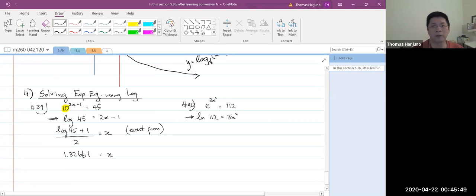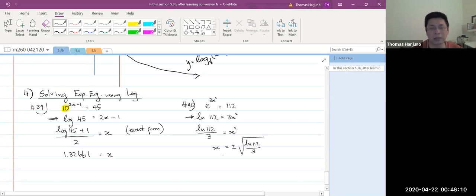Then I divide by 3, so natural log of 112 over 3 equals x squared. So x equals plus or minus the square root of natural log of 112 over 3.